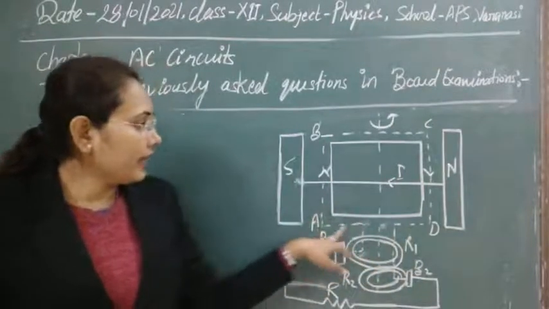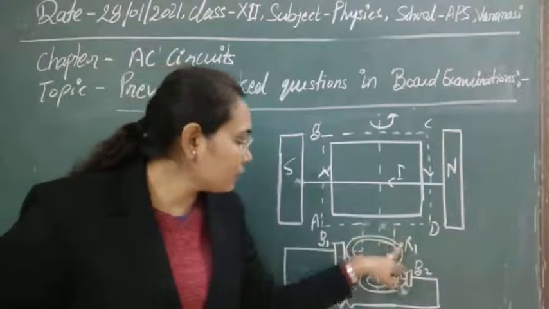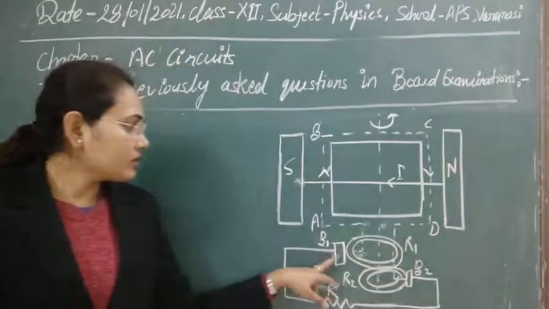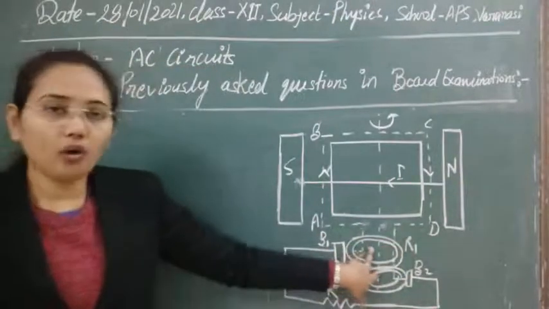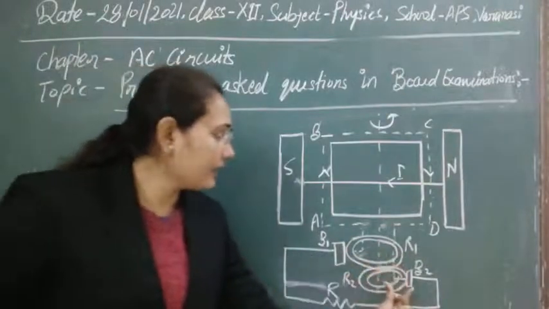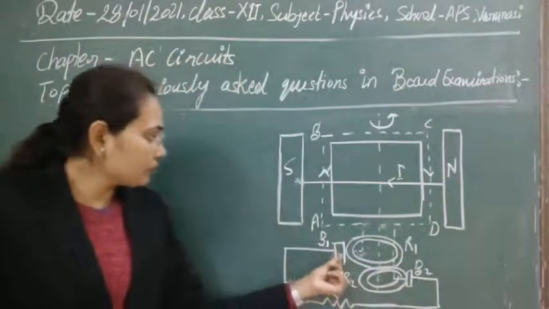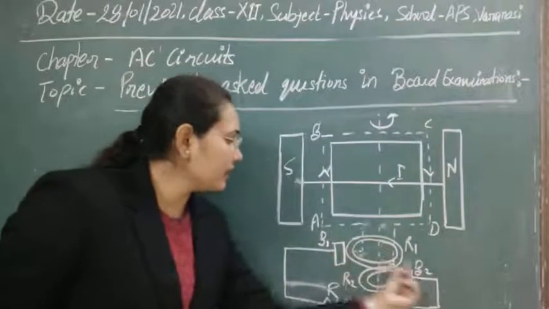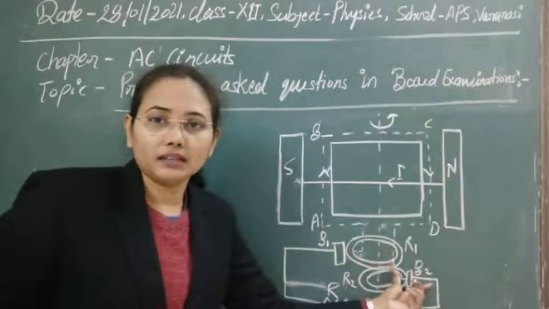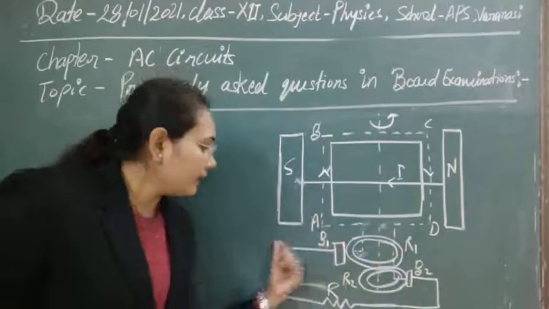Next, with the two sides of this armature, we have attached two metallic hollow rings, R1 and R2, and also here you see two brushes, B1 and B2, through which the metallic rings are connected.